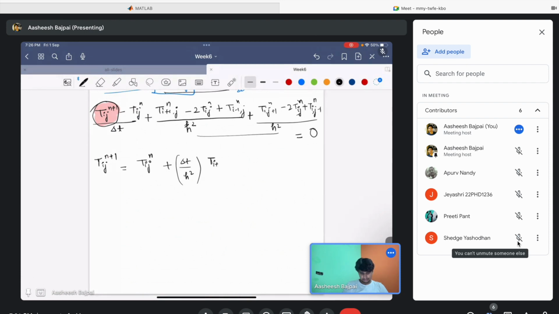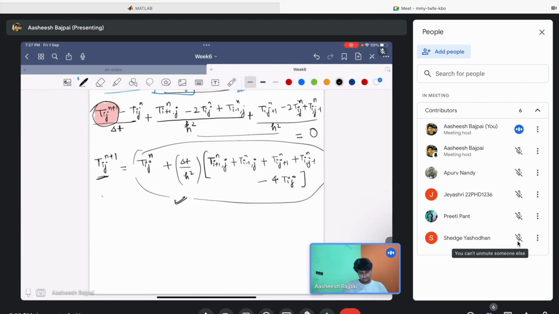Let me take it as T i plus 1 comma j plus T i minus 1 comma j, then plus T i comma j plus 1 at n plus T i comma j minus 1 at n minus 4 Tij. This is equal to 0. Oh, sorry, no. This is what we want to know, and all these things we know.